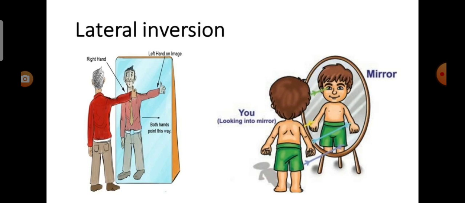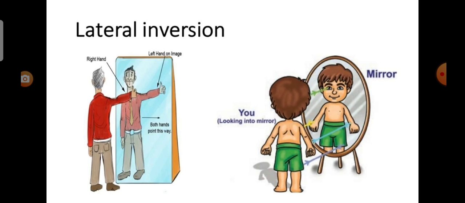Look at the image and observe the arrows which indicate the light rays from the object falling on the mirror. The arrow from the object's head is directed towards the top of the mirror, and the arrow from the feet is directed towards the bottom.